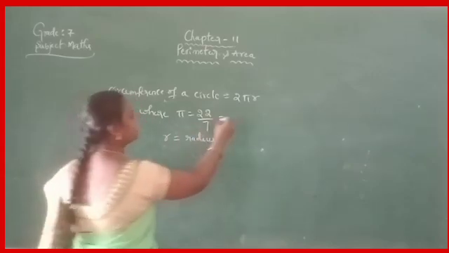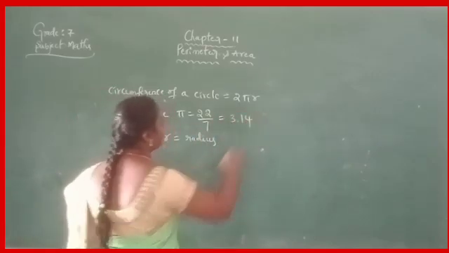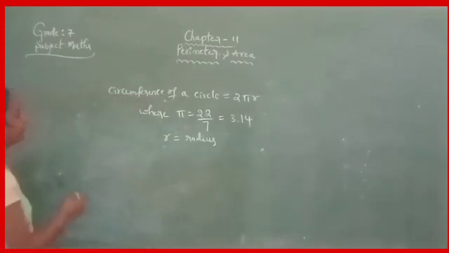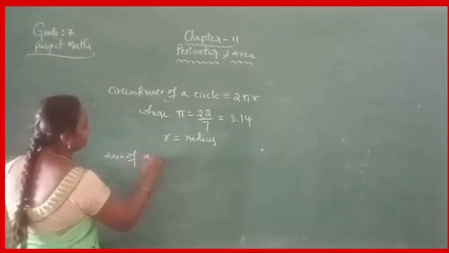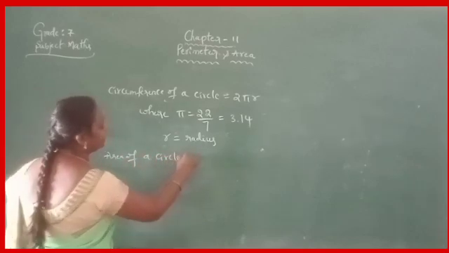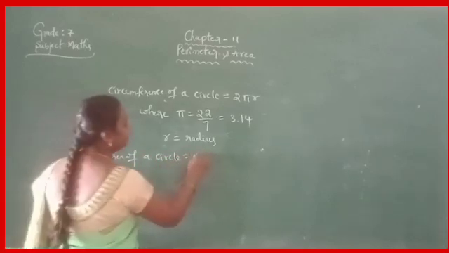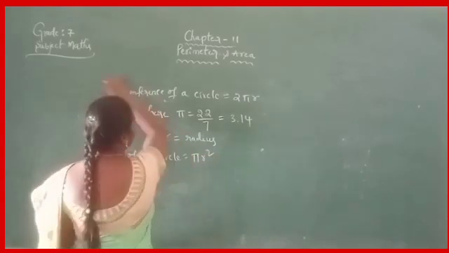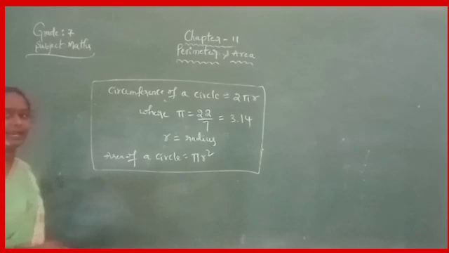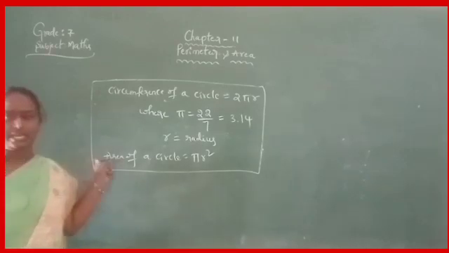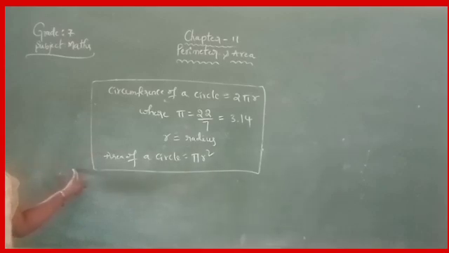Next, area of a circle is equal to pi r square. These formulas you have to remember and write neatly in your class workbook. Very important formulas. Is it clear, children?